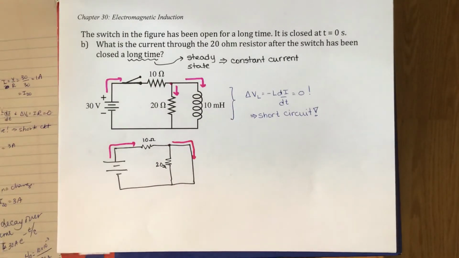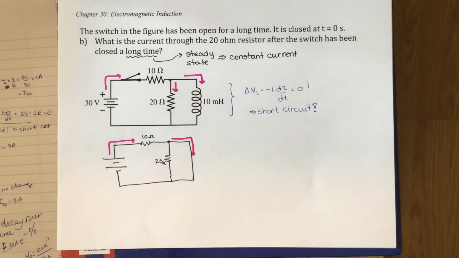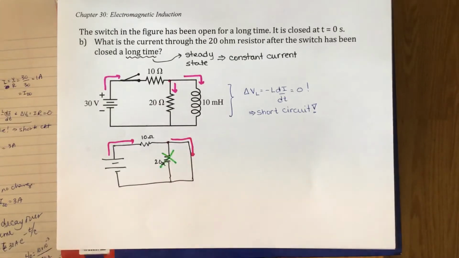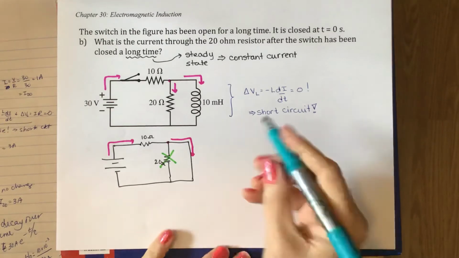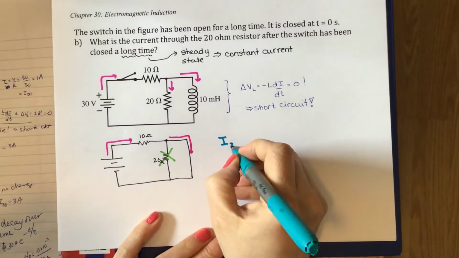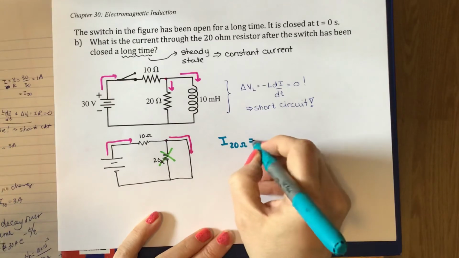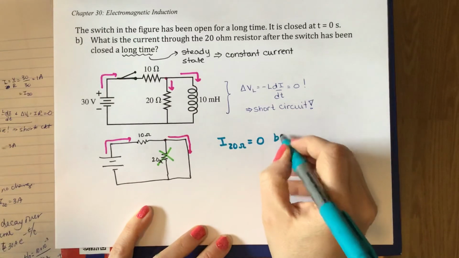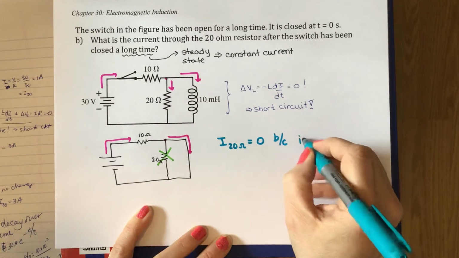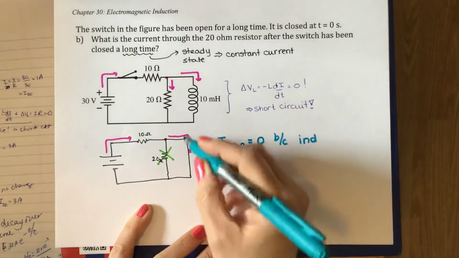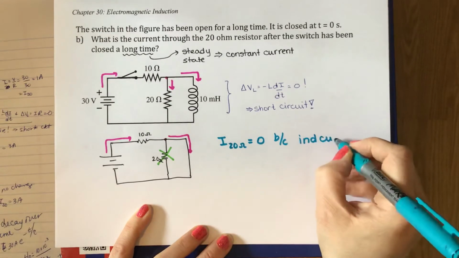So there will be no current at all through the 20 ohm resistor because the current will all flow through the other part of the circuit. So the current through the 20 ohm resistor equals 0 because the inductor acts like a short circuit and all of the current goes through that branch.